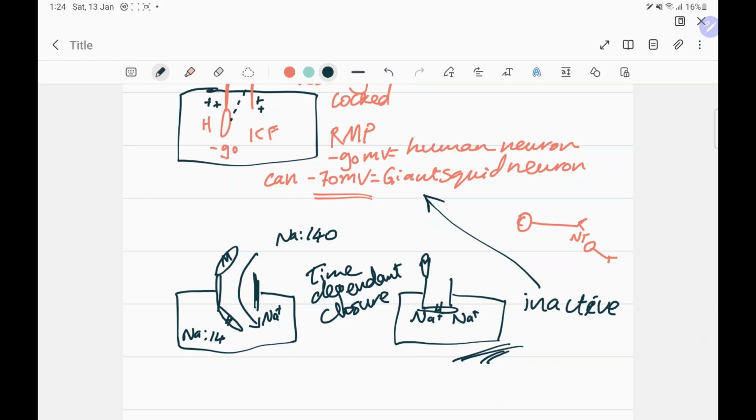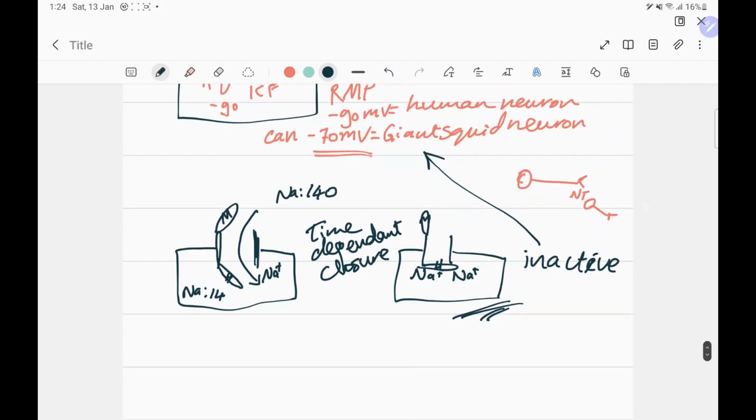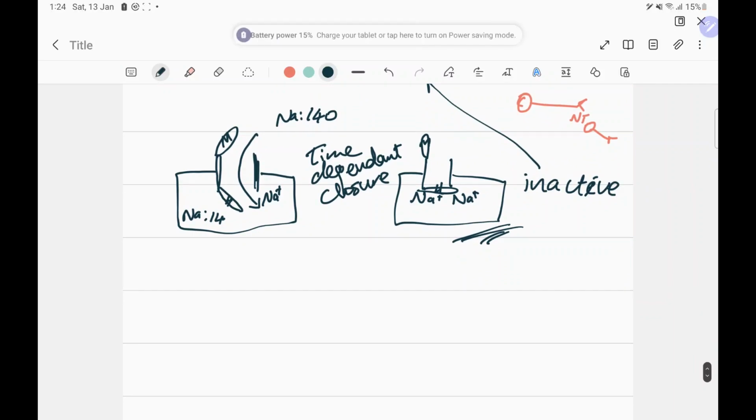When the inside of the cell starts to get more negative after the depolarization, closer to its RMP, trying to restore its resting membrane potential, these channels start to flip back to the original resting configuration, where it is able to cause another action potential.